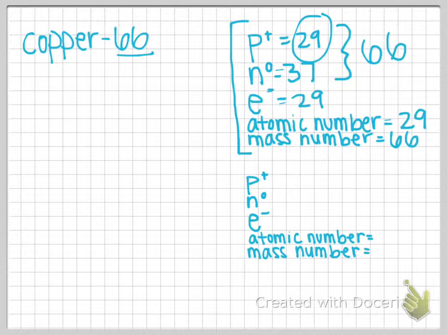Another example: if all I gave you was that your neutron number was 37, and your electron number was 28, and I wanted you to give me all of the other information, you could say that your electrons are 28, so your protons are 28. That is also your atomic number.